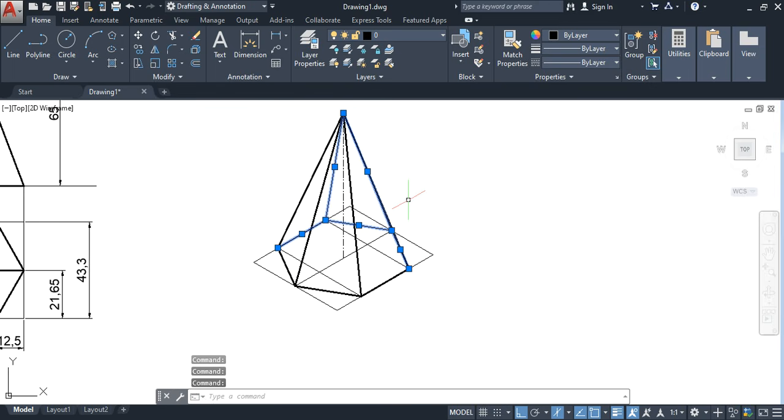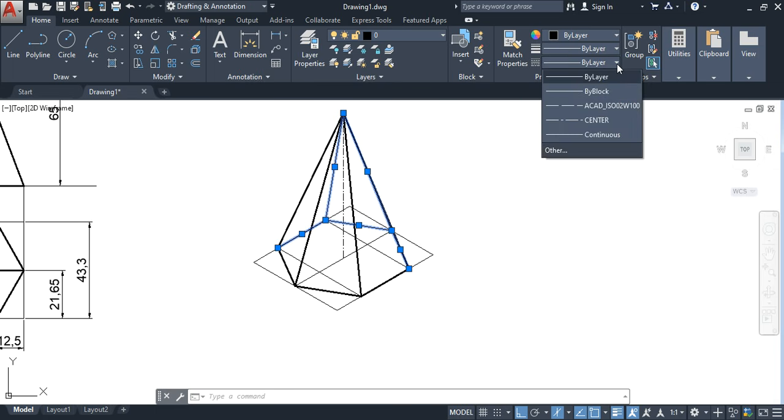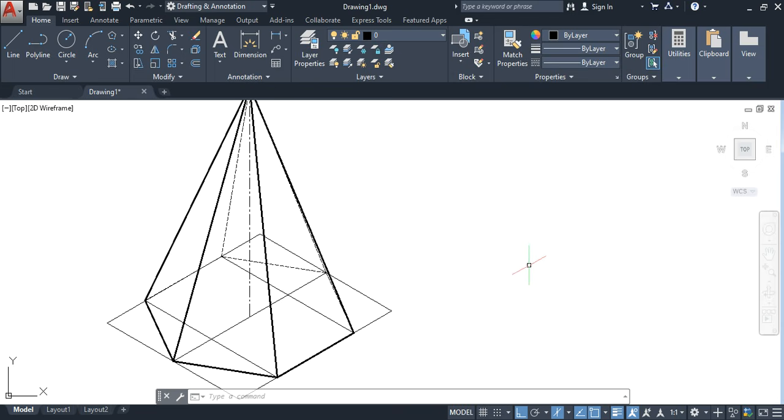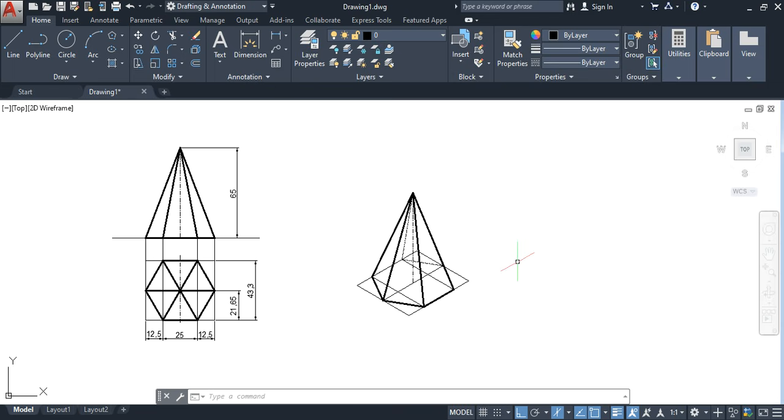Those are not visible from this direction, so we'll make them dotted lines, as we know, and so we made them dotted lines. This is the actual way to represent this isometric view. What is visible, we make dark.